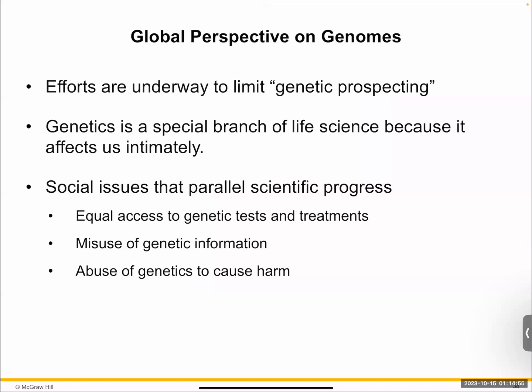Now, we do need to also understand that we are trying to look at this global aspect of it because it affects a lot of our social issues that will go parallel to our scientific progress.